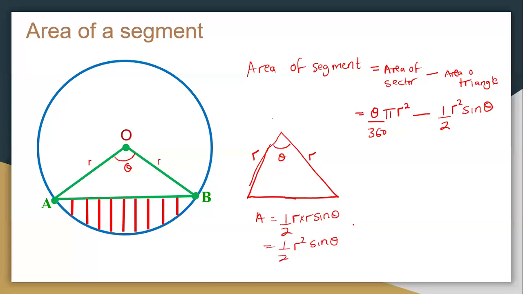So we can first summarize that. Here you feel free to say that this is my O, this is my A, and this is my B.